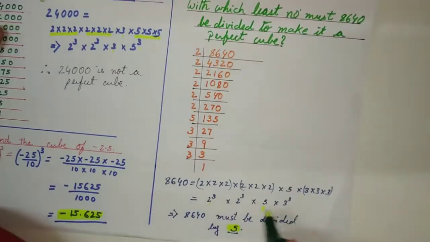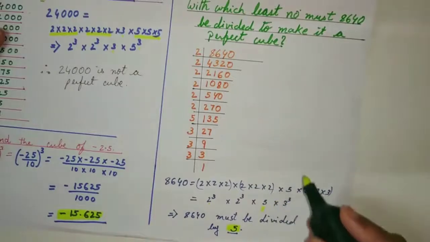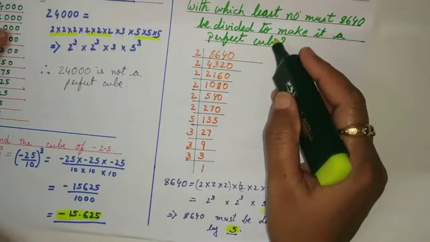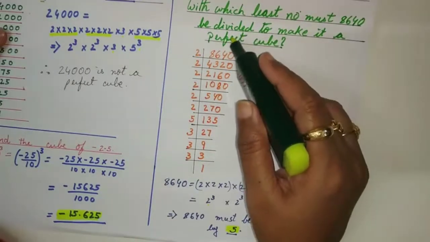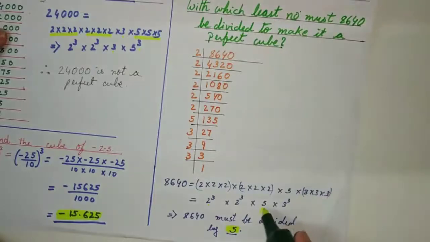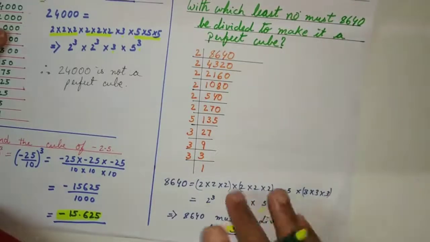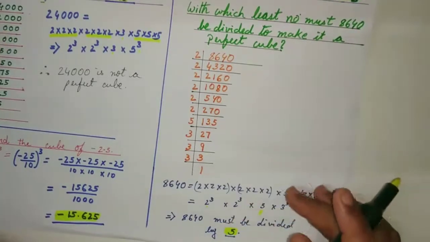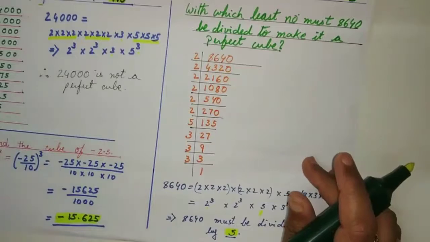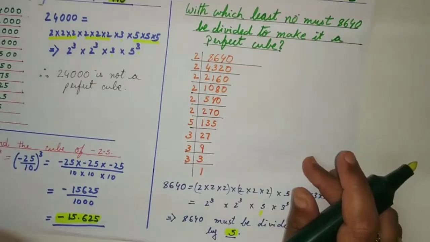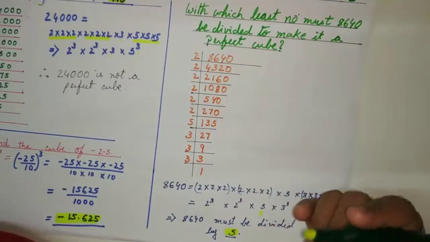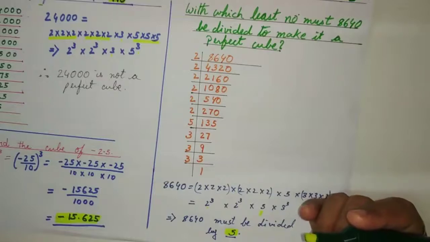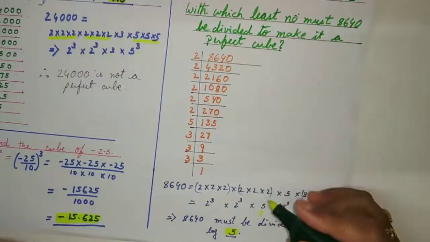So which is the number which has to be divided? If the question had asked what will be multiplied, I would have multiplied 5 into 5, another 25 to this number. This particular type of question we had also done in the squares and square roots chapter. If you remember, you have solved it in the exercises if you are following, and if not, please go back and watch the square and square root video.